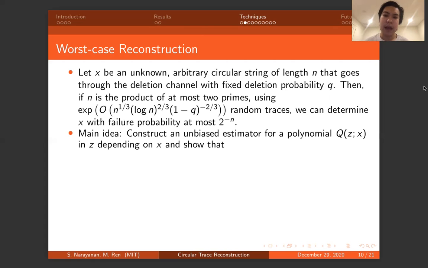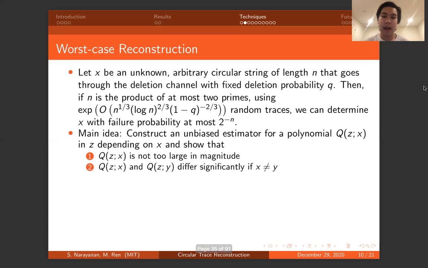In order to do this, we first need that this polynomial q is not too large in magnitude for the values of z that we're plugging in. And we need that q(z, x) and q(z, y) differ significantly for some z if x and y are different. Then we can use our unbiased estimator: we take the average of the values we see from evaluating the unbiased estimator and see if they're closer to q(z, x) or q(z, y).